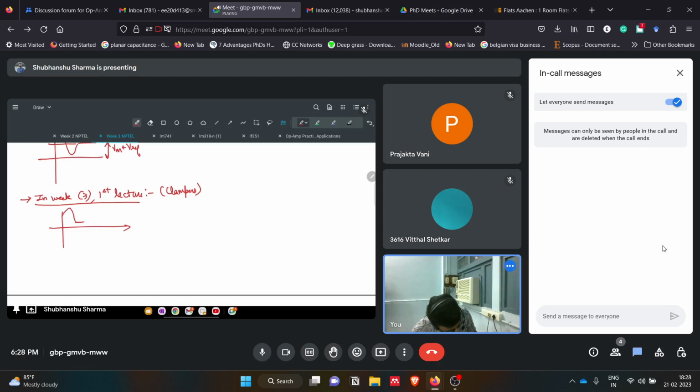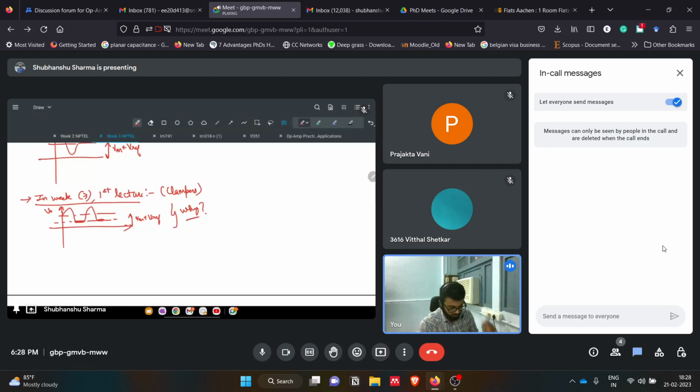There was a blunt end like this. Although we shifted this to Vm plus Vref, this was there at the output.